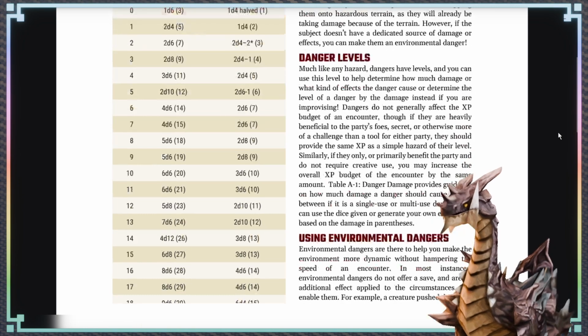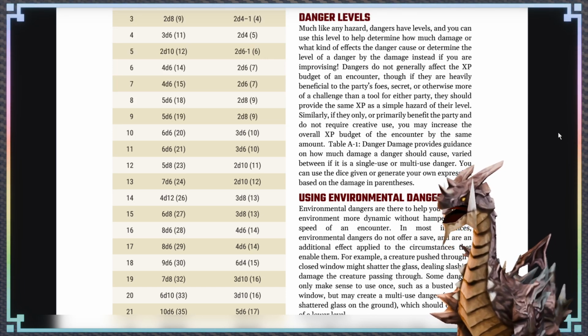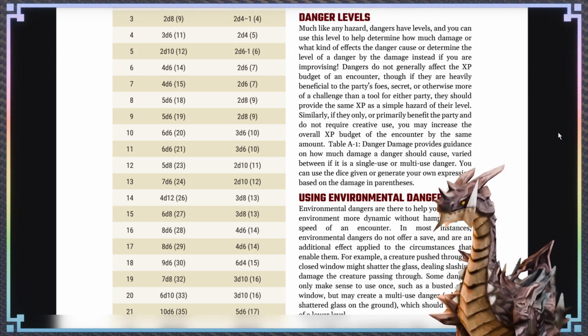Danger levels. Much like any hazard, dangers have levels, and you can use this level to help determine how much damage or what kind of effects the danger causes, or determine the level of a danger by the damage instead if you're improvising.